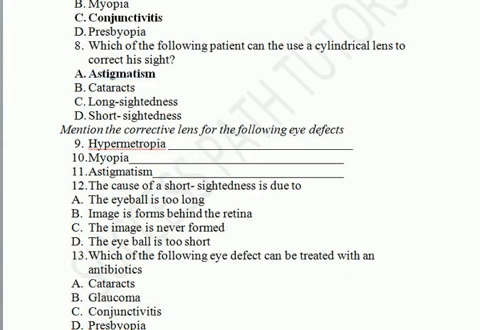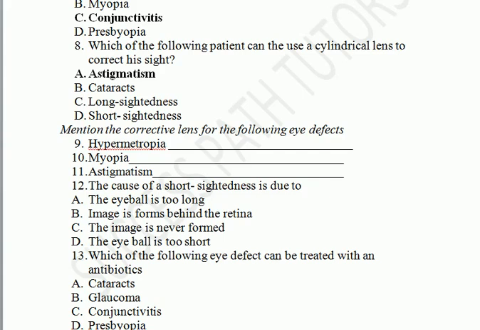Now at this point we just mentioned the corrective lens for the following eye defects. Hypermetropia is otherwise called long-sightedness or hyperopia. In this case, the person's image is formed behind the retina, or behind the fovea centralis.